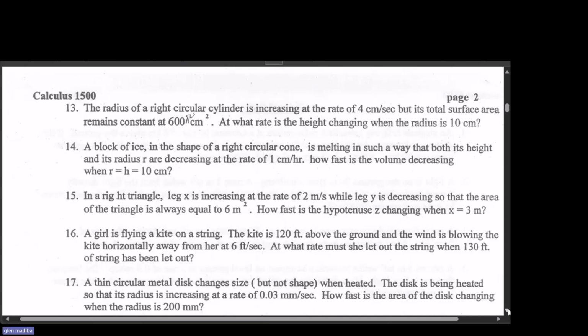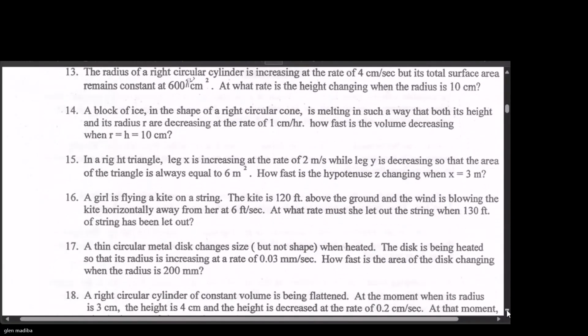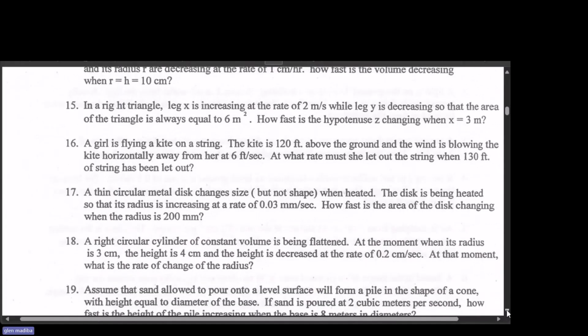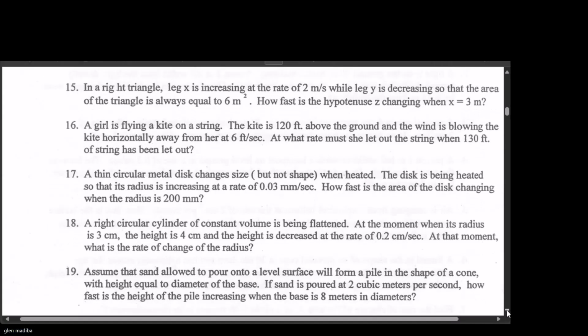Let me see something from my side. Do you see number 18 and 19? I think only these two.